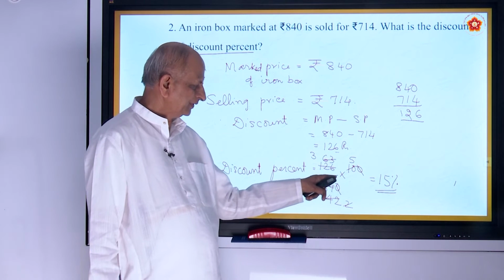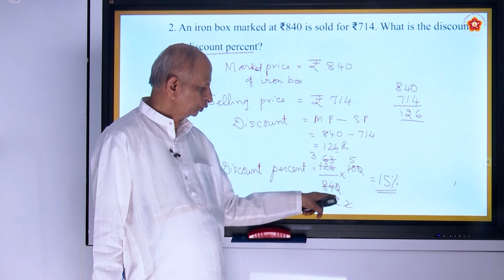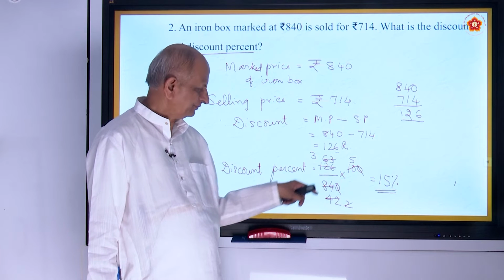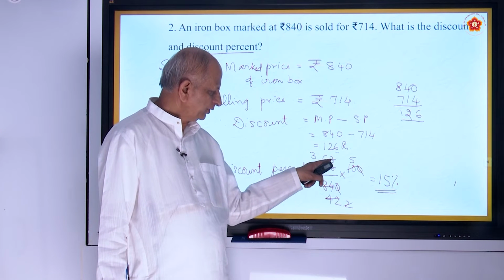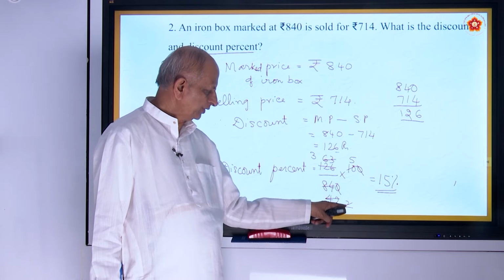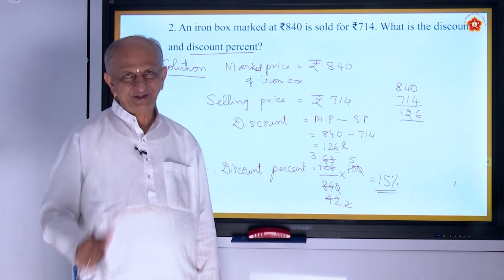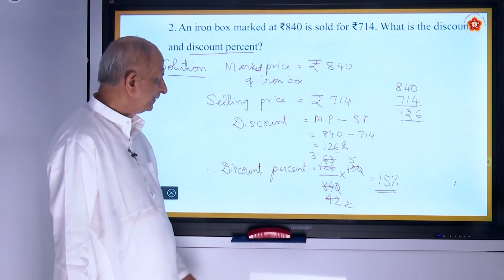See here, the 0s cancel, 2 4s are 8, 2 2s are 4, 2 6s are 12, 2 3s are 6. Then 21 2s are 42, 21 3s are 63, 2 1s are 2, 2 5s are 10, 3 5s are 15. So, 15% is the answer. That is the discount percent.